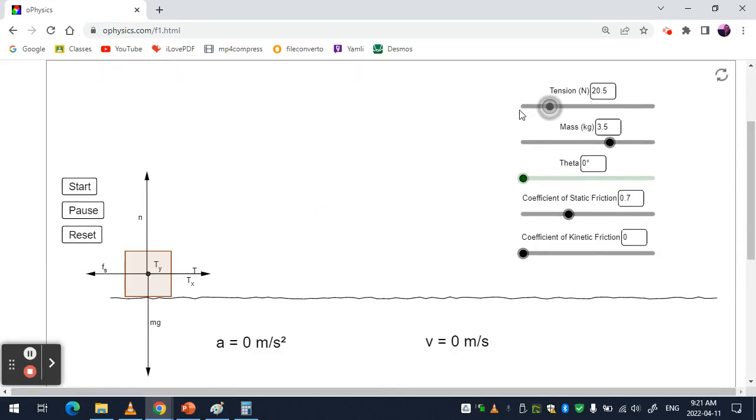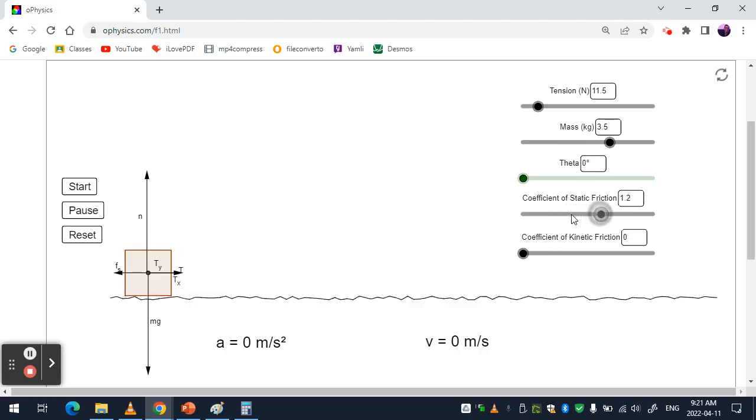Again, I need how much? 24. Yeah, what just happened? It acquired what? It acquired acceleration. Before that, what was the acceleration? 0, which means what? No motion. Exactly, that's it.